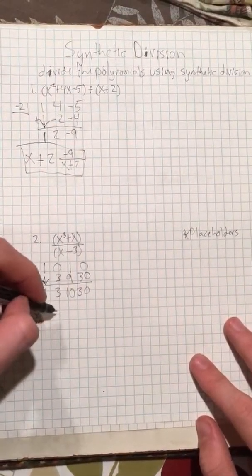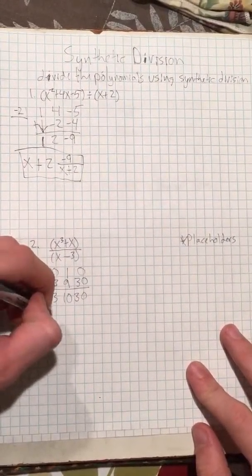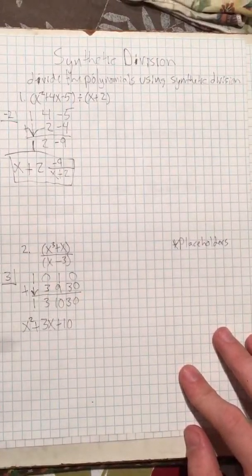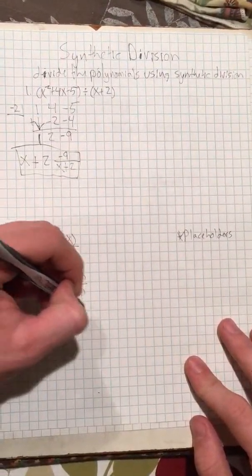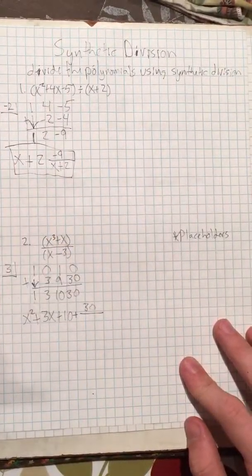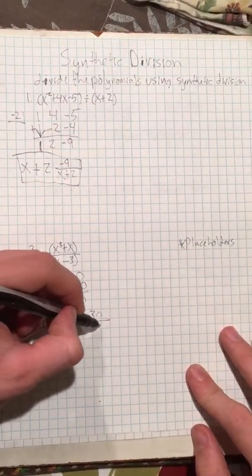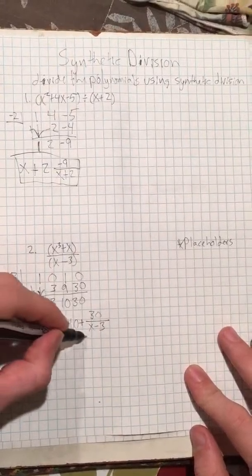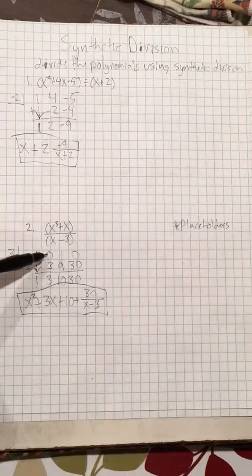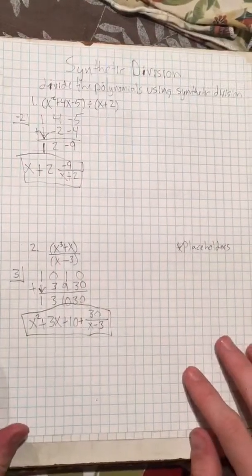So x squared plus 3x plus 10, and then you're going to write that fraction at the end, plus 30 over our original linear binomial, x minus 3. So that problem shows us how to use these zeros as placeholders in the problem when it skips exponent levels.